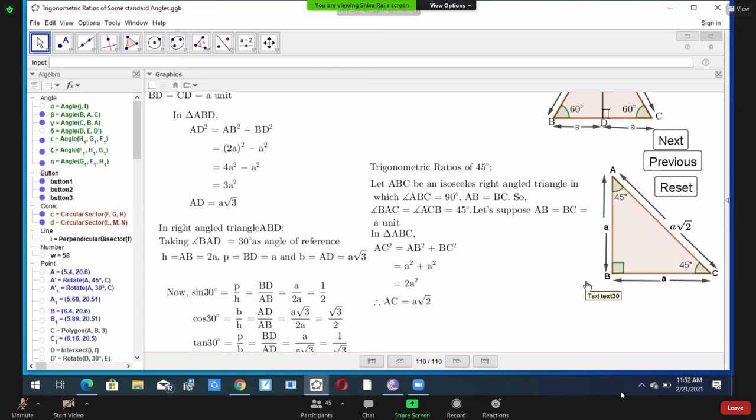So we say isosceles right angle triangle, in which angle ABC equals 90 degree, AB equals BC, so angle BAC equals angle ACB. Look here, if this is 90 degree and these two are equal, how much is the value of each of them? The value of each of them should be 45 degree.